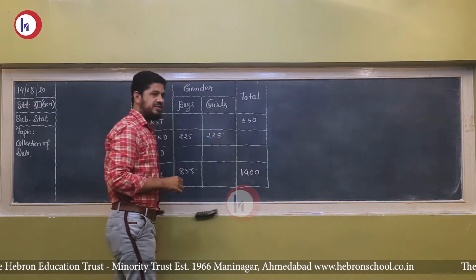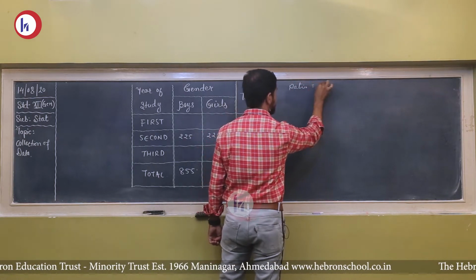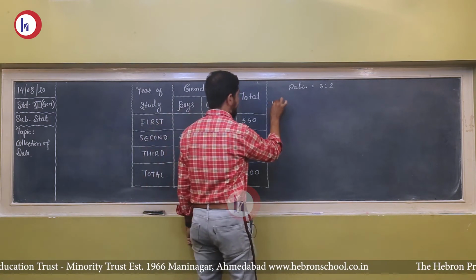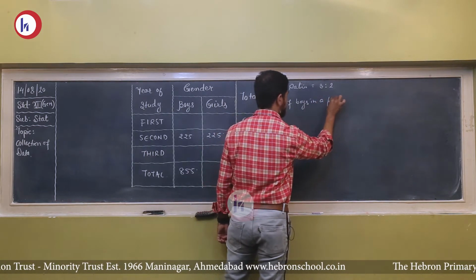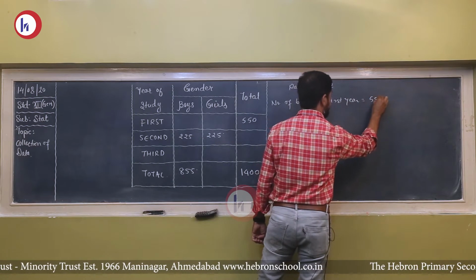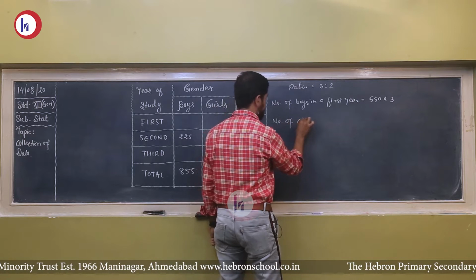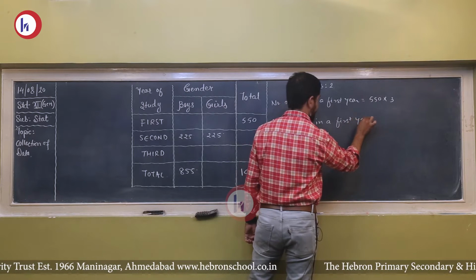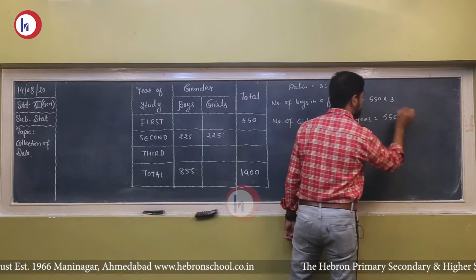Now their ratio is 3:2. So the ratio of boys and girls is 3:2. So the number of boys in the first year is equal to 550 into 3. The number of girls in the first year is equal to 550 into 2.